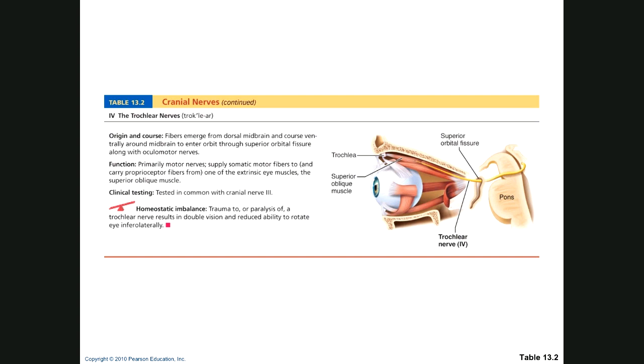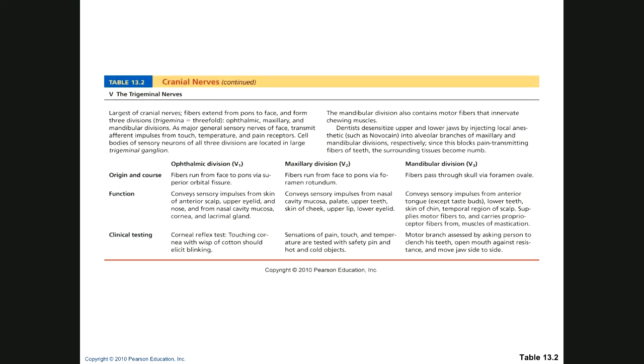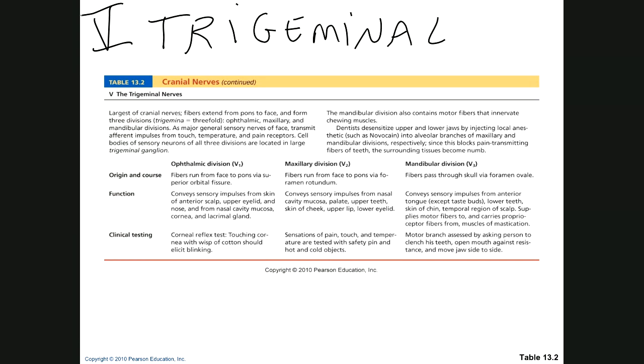That puts us into the next nerve, which is the trigeminal nerve. So this is number 5. Tri means 3, gemina means twins. So these are 3 nerves.